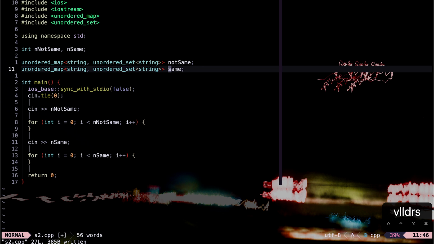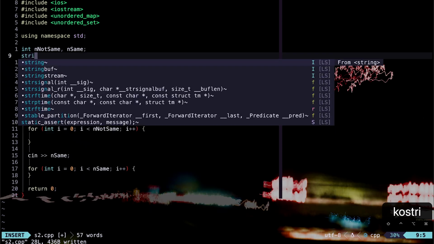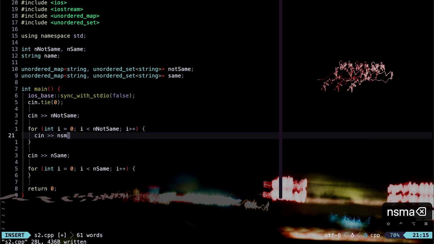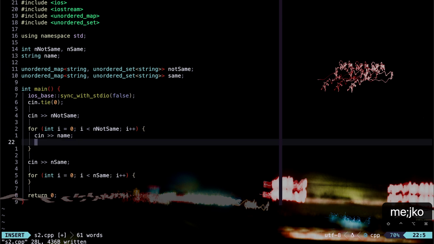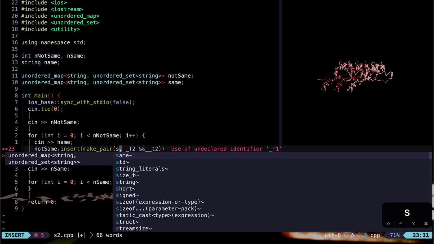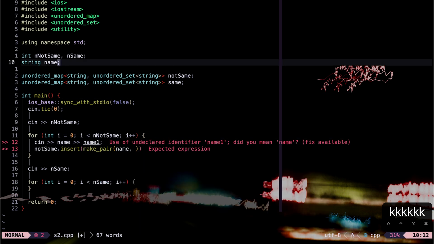And then we'll have the same thing for same, and we'll just say temporary, like name. I'll say CN name, and we'll say not same dot insert, make pair, name 1, name 2.